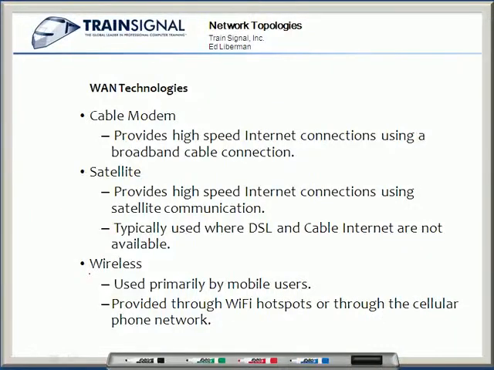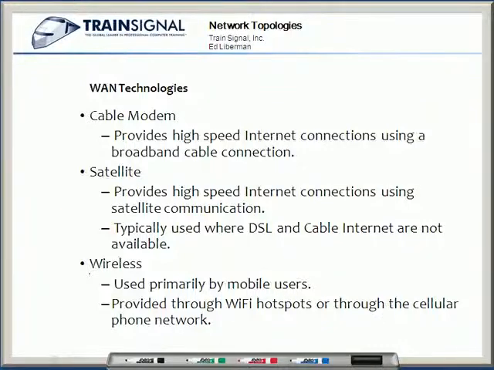And then we have wireless, which is borderline, almost not even literally a WAN technology. It kind of is, and we'll talk about it in a moment when we talk about VPNs. But wireless is used primarily by your mobile users, either connecting through what are called Wi-Fi hotspots, which is not necessarily technically wireless.